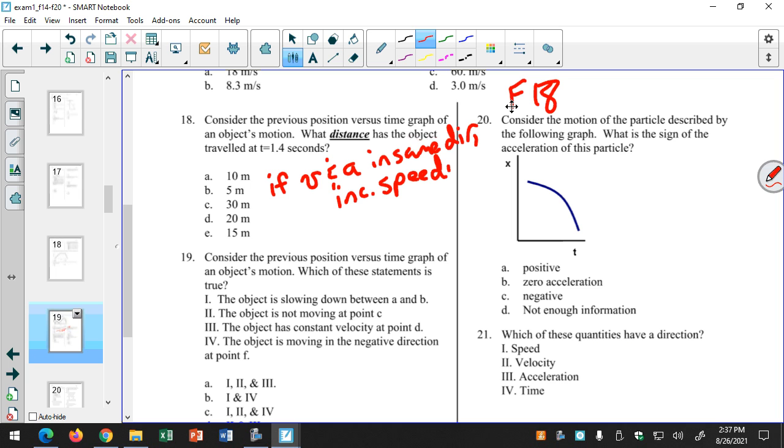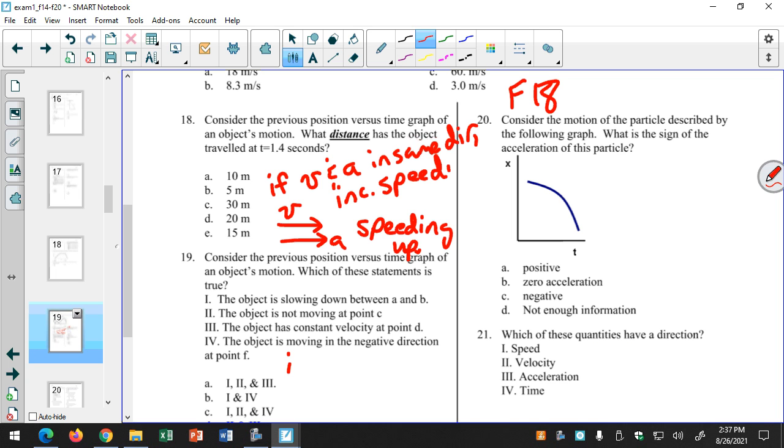I'm going to draw them as vectors. So if the velocity is in this direction and my acceleration is also in this direction, it's speeding up. A good example of that is if I drop my keys, they're going to be going downward. They're also going to be accelerating downward, and so they speed up as they travel down.